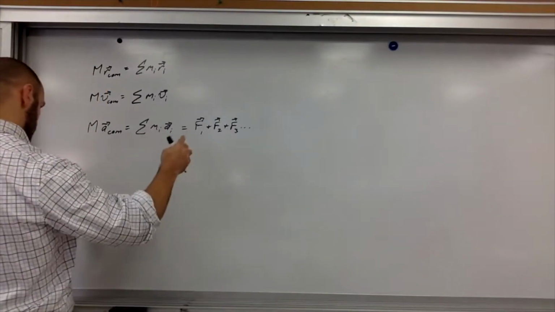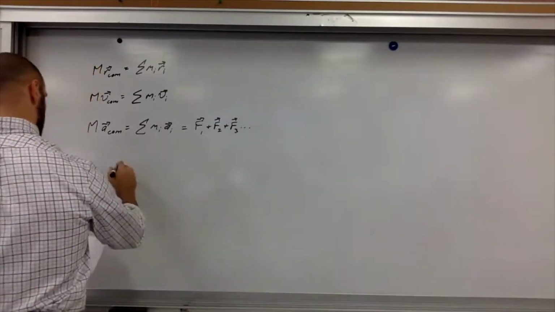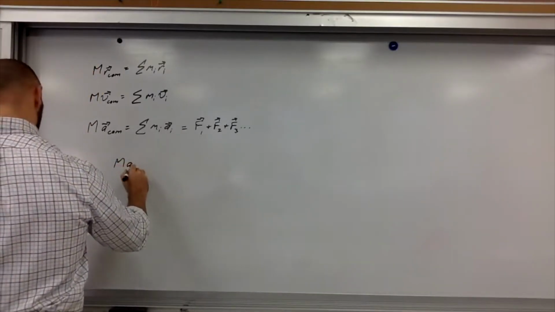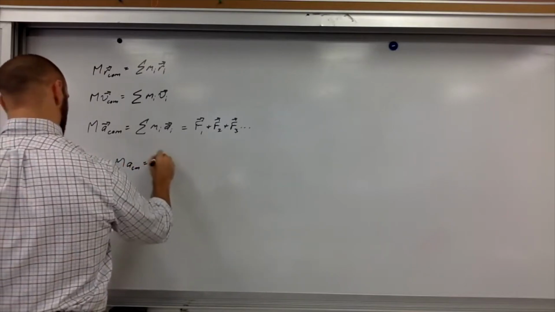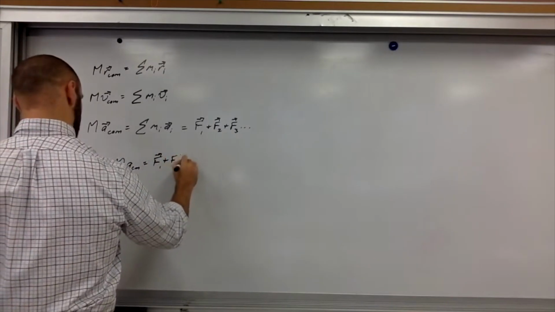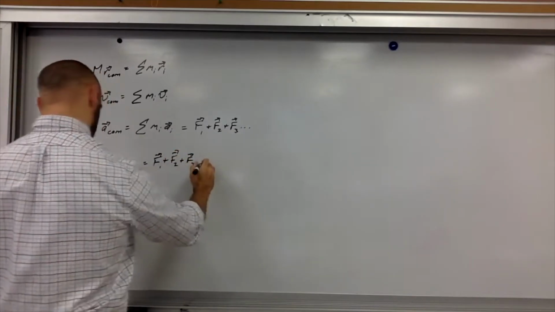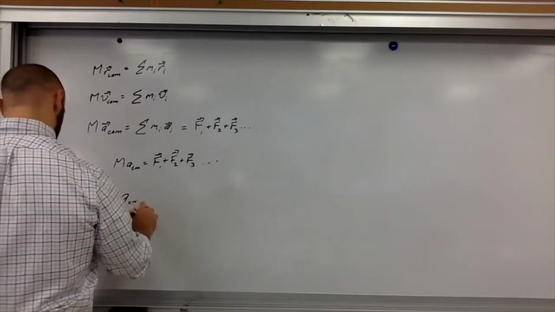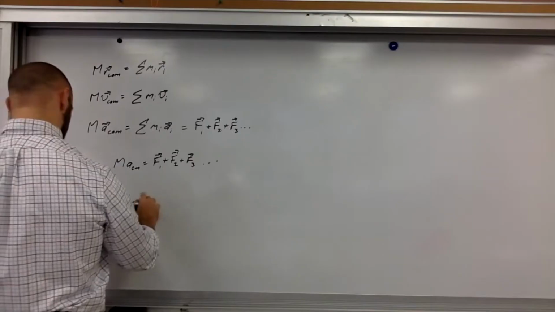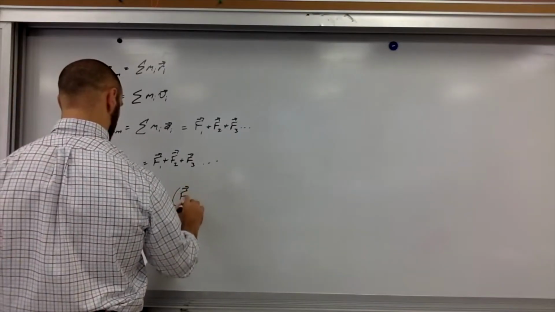And so there in that other box on this page, we fill this in. Ma for center of mass is F1 plus F2 plus F3, etc. So then the acceleration of the center of mass is 1 over the total mass times the sum of all the forces.